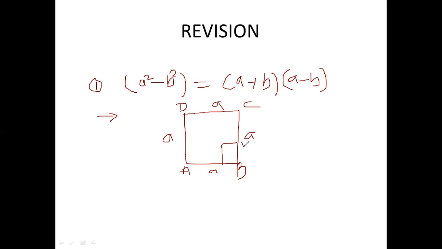Now E right here, this side F, and this point G. If you take its side as B, here also B, here also B, here also B. This is a square. Now, can you tell what is the area of this shaded part?